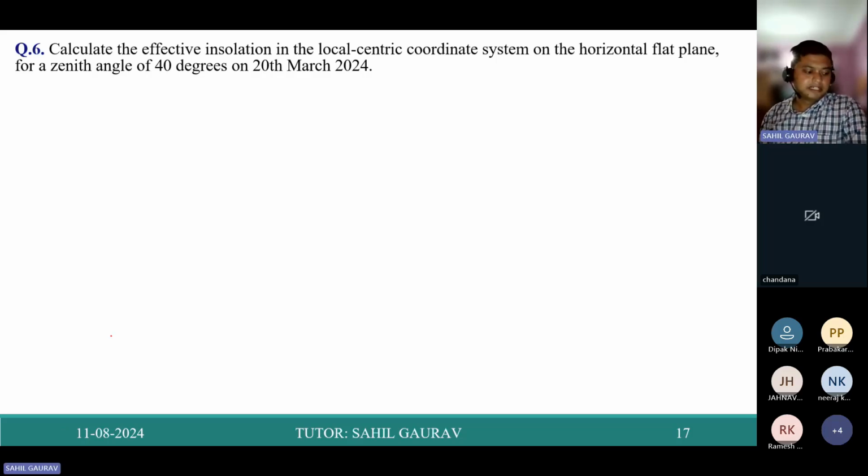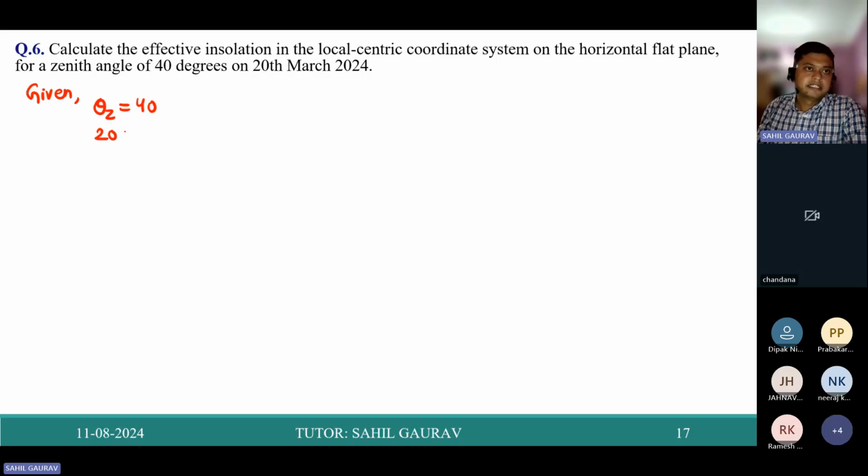So here you have to find the effective insolation. First, let us write what they have given. They have given the zenith angle. Zenith angle is given as 40 degrees.